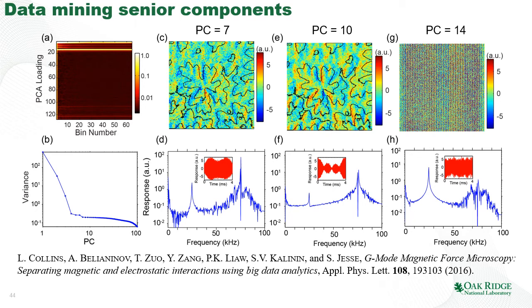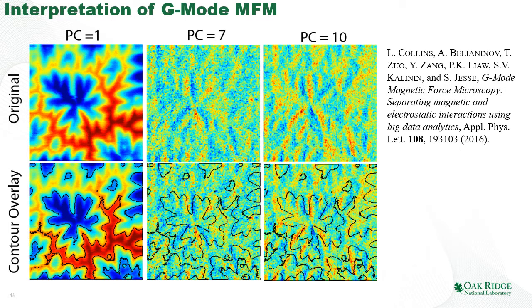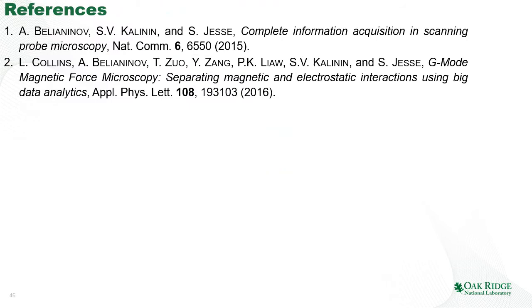Certain forms of noise get channeled to specific components, and therefore they're very easy to remove after. So this is one more example of the high order G-mode MFM. Anyway, this technique works remarkably well, and you can read more about it in the original paper by Alex Belyaninov and Liam.